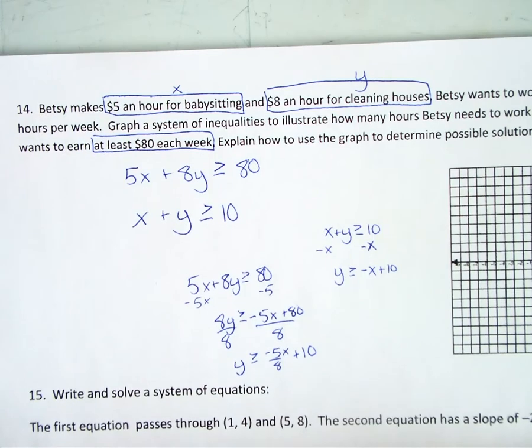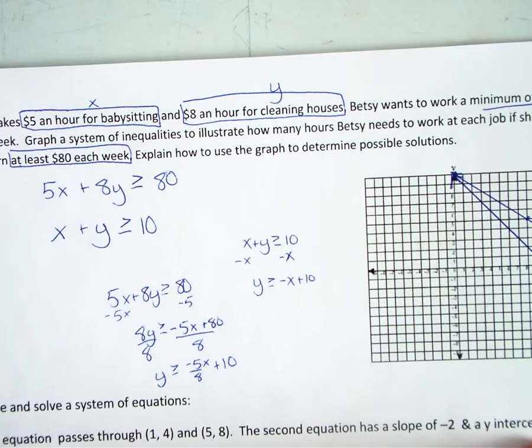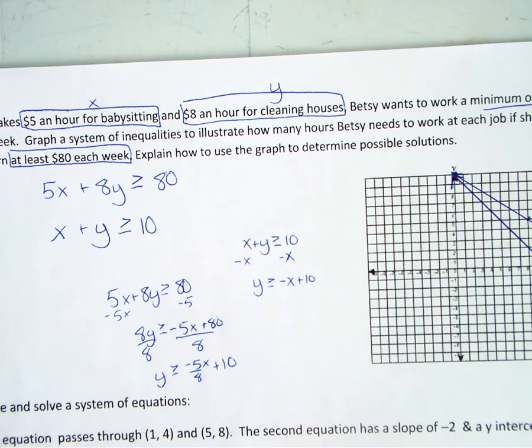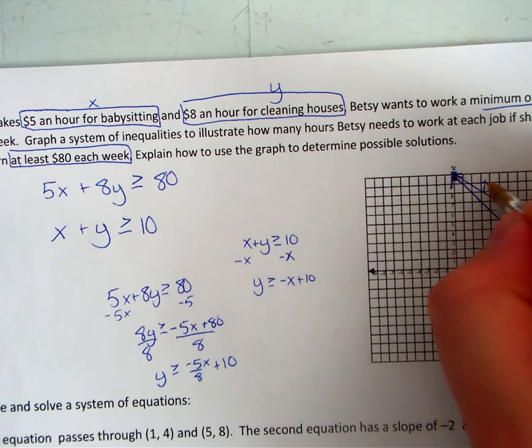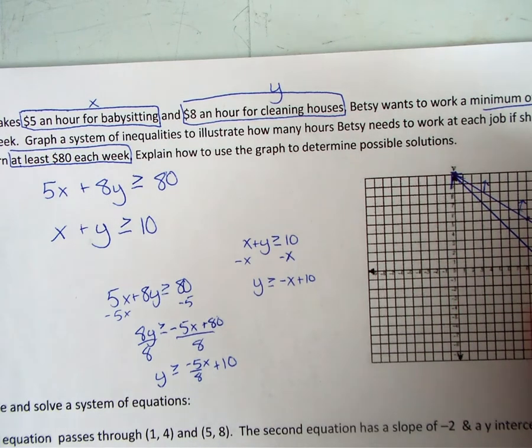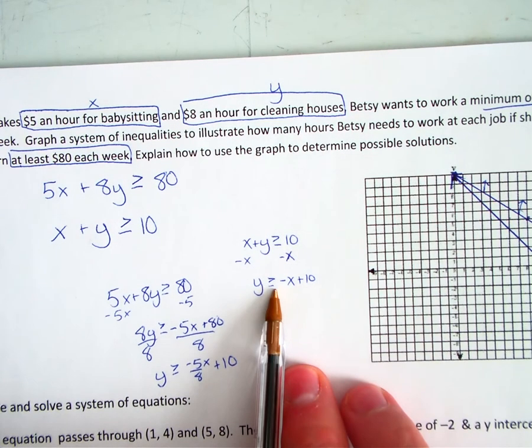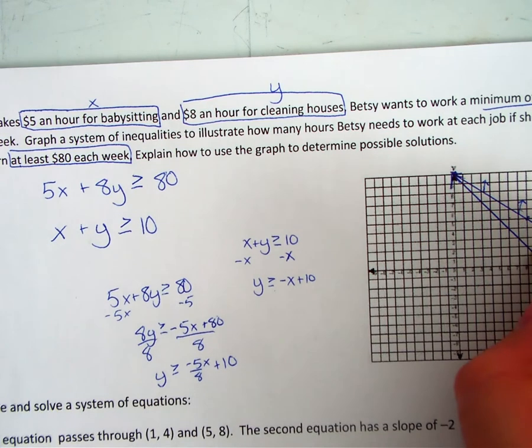All right, now we want to represent our area of shading. Here it must be greater than, so above the lines. Here it must also be greater than, so above the line.